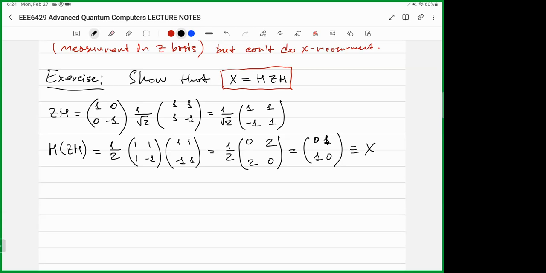So we see that having one gate, for example Z, and the Hadamard gate, we can construct the X gate by taking the product of the two, and one can also show that by taking the product of, for example, Y and the Hadamard gate, or Z or X, you can basically create the other gates.